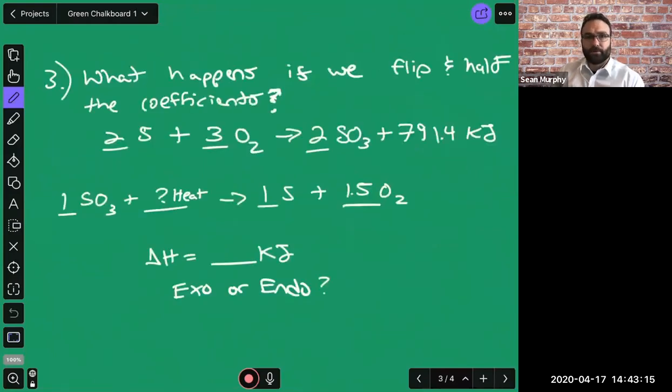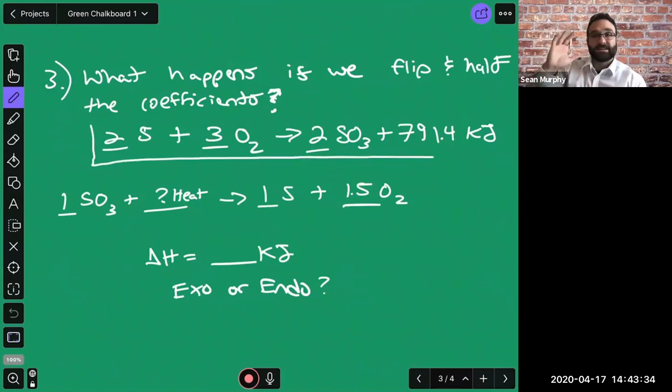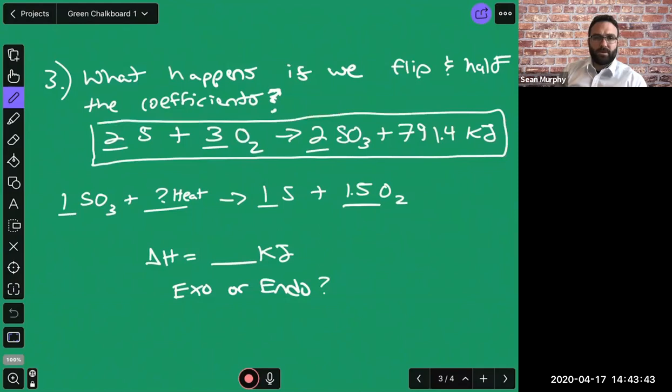Well, here's a fastball for you. What happens if we flip and halve the coefficients? So this is what we start with. Remember, this is our beginning formula. What happens if we flip it and have half the amount? Well, what's my heat going to be if we flip it?